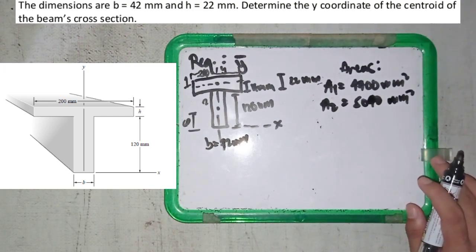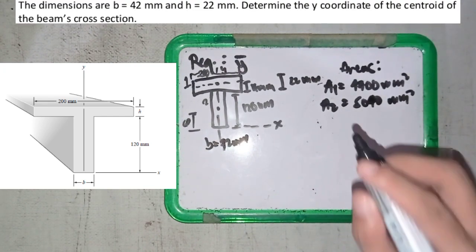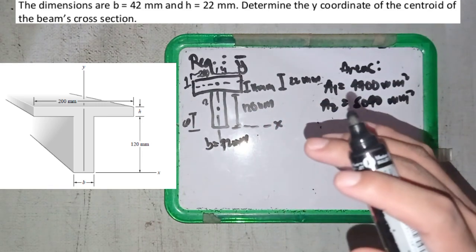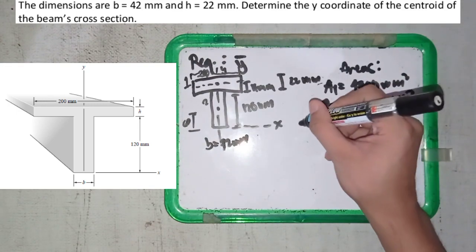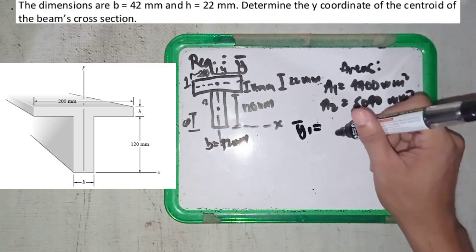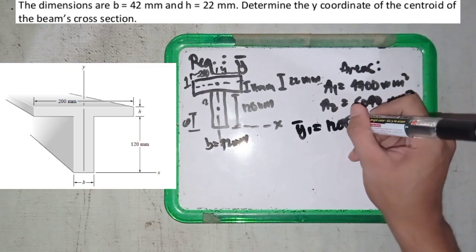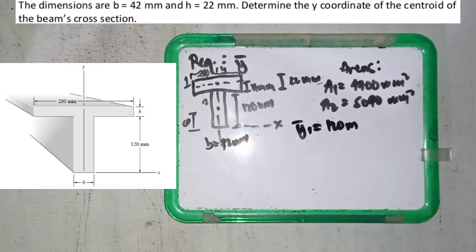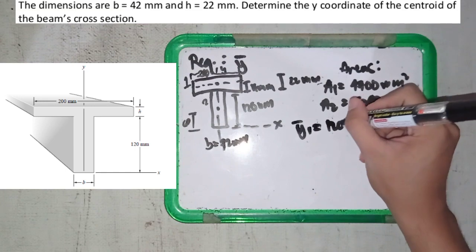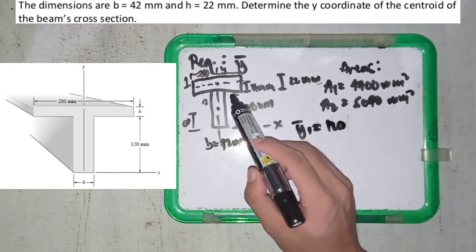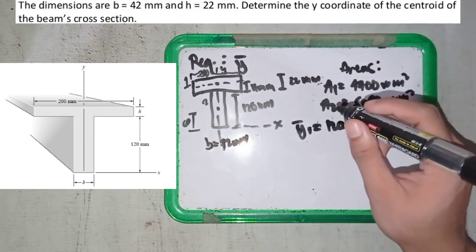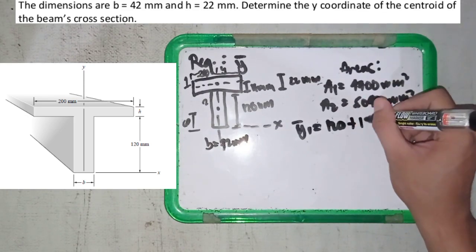Next, our process is to find the y coordinate of each box's centroid. For box 1, y bar 1 is equal to 120 millimeters, and let's put the units because this is always millimeters, 120 millimeters, this is its height, plus 11.